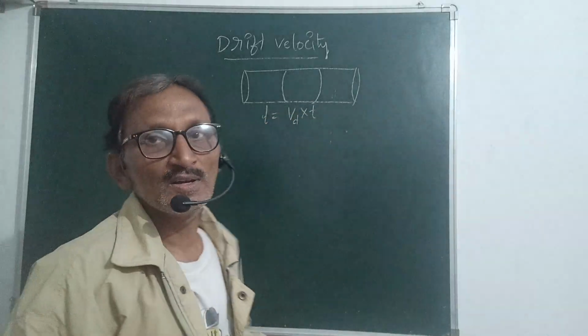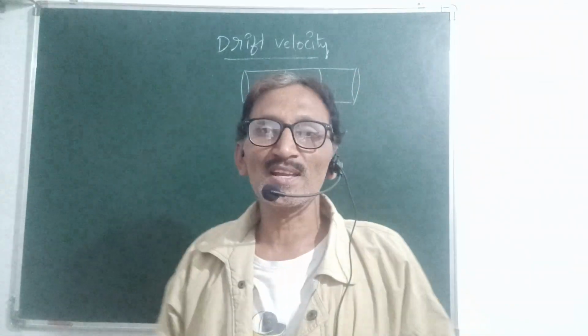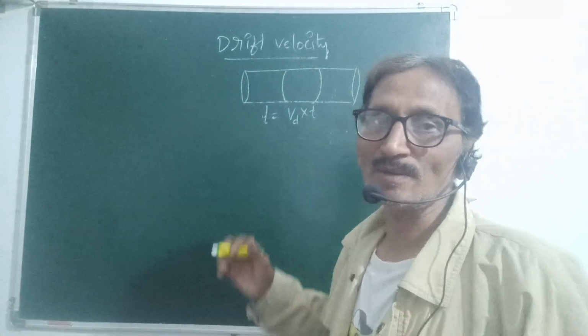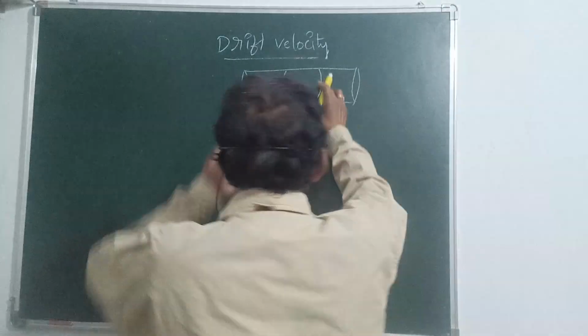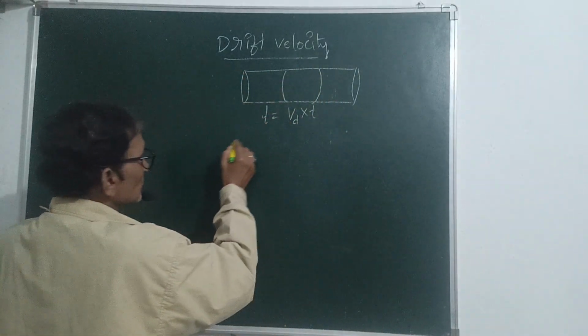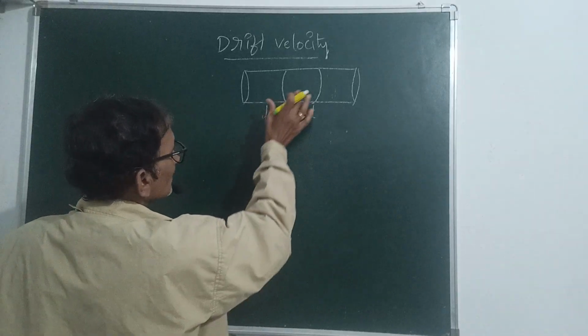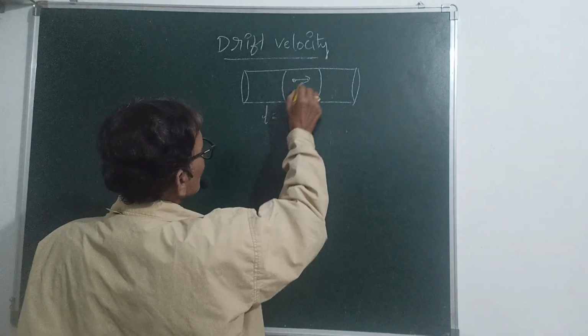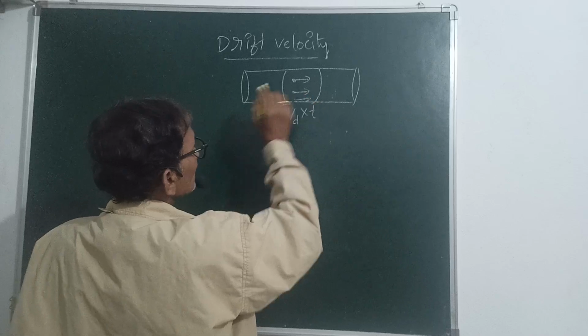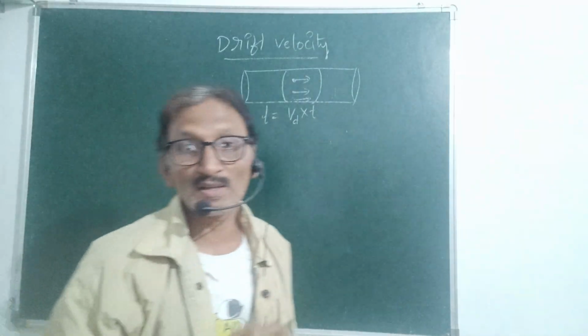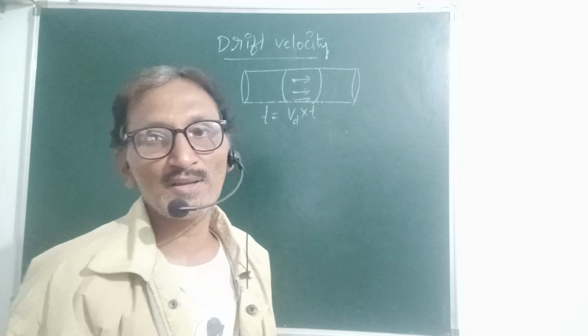We know the formula for displacement of the charge carriers is equal to velocity into time. Now I am considering this total area, in which some amount of charge is flowing, like n number of Q charges flowing in the small area.